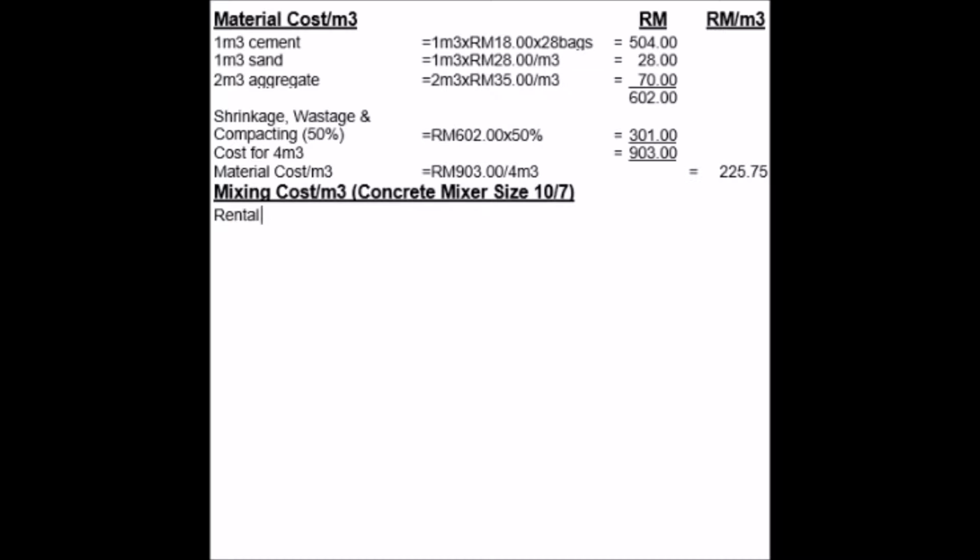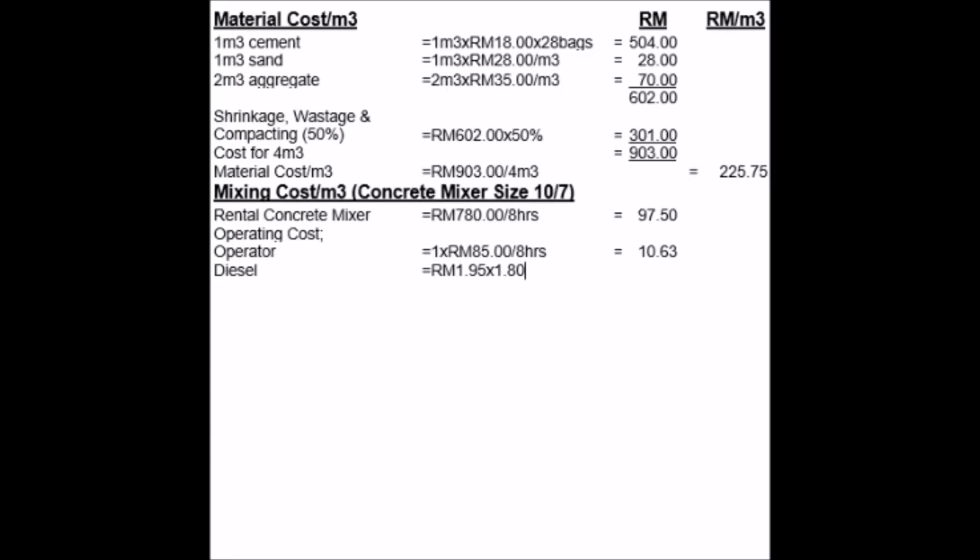Then for the concrete mixer size, first of all, we require the cost for rental of the concrete mixer, the operating cost, which requires 1 operator, and also the diesel, lubricant, and lastly 4 general labours as well.